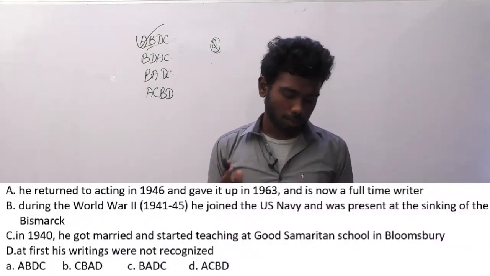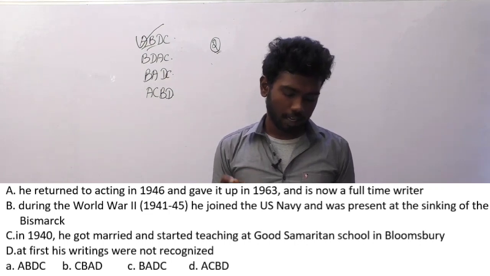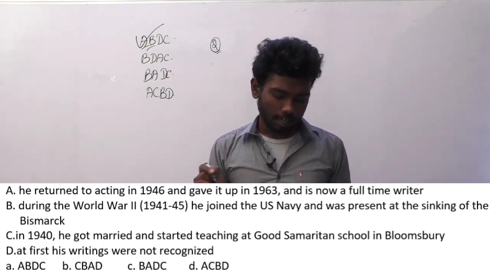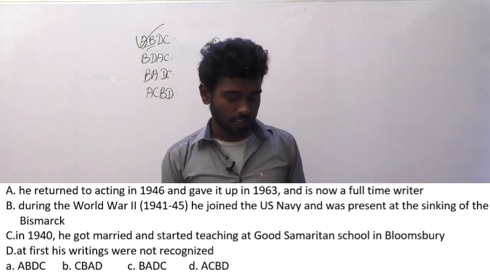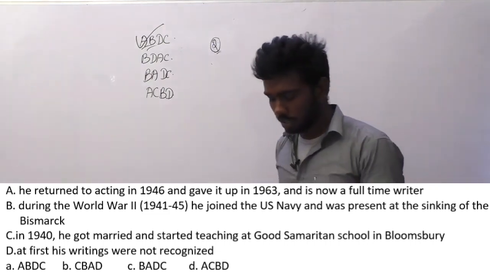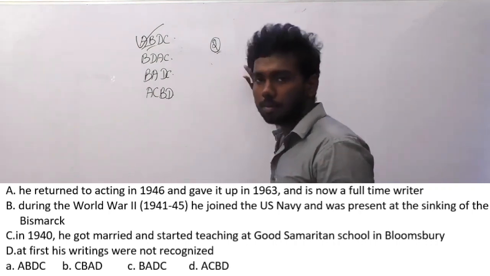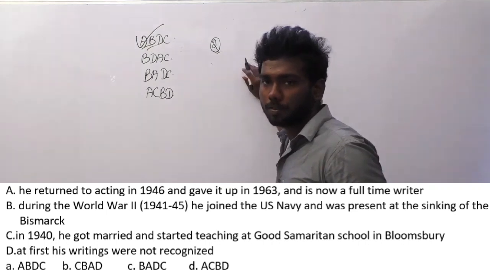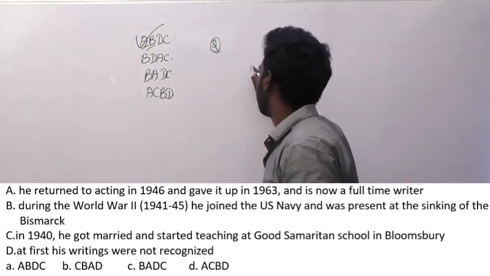Question number 2, option 1: He returned to acting in 1946 and gave it up in 1963, and is now a full-time writer. So here the word he is given. It is a pronoun, so generally a pronoun will not come as a first sentence. I have said that, and they have mentioned some years in the first sentence.